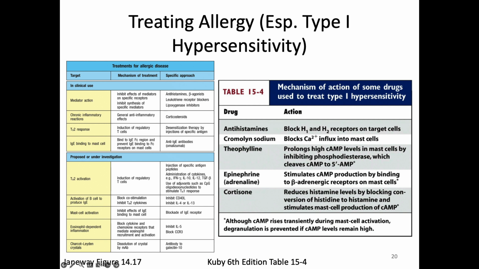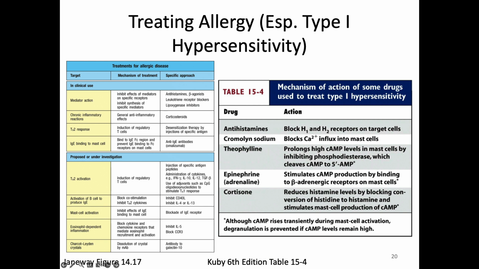One thing that people have thought about is trying to do something to block the IgE. Let's see if we can go a little further up in the process. Not just block the 1 product or 6 products that come out of the mast cell, but stop the mast cell from getting IgE on it in the first place.